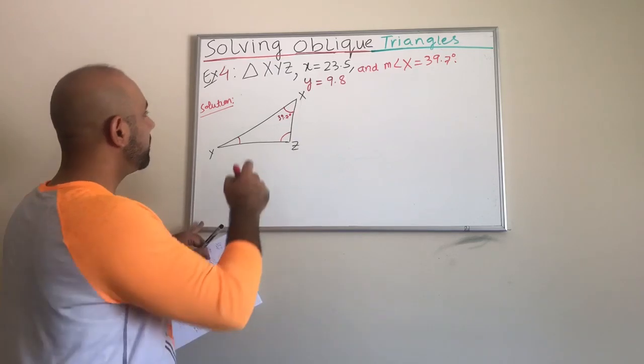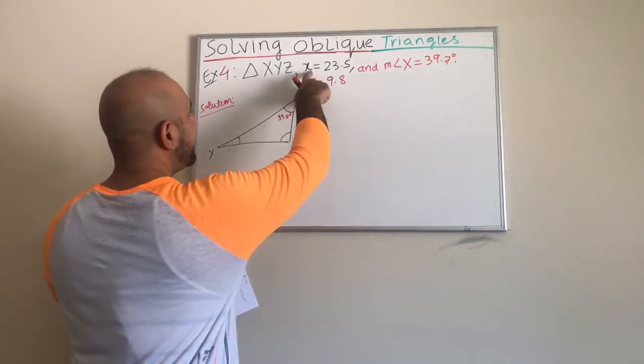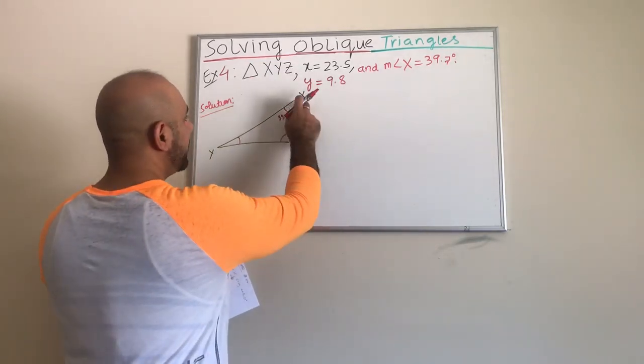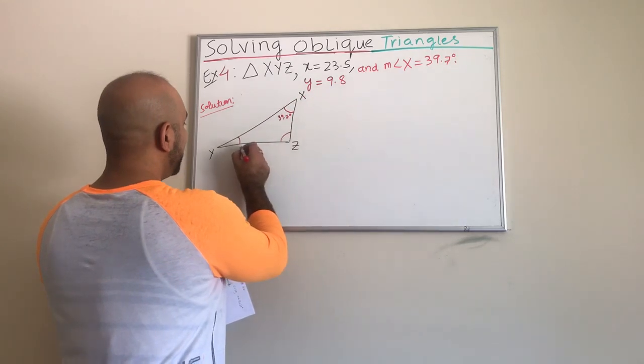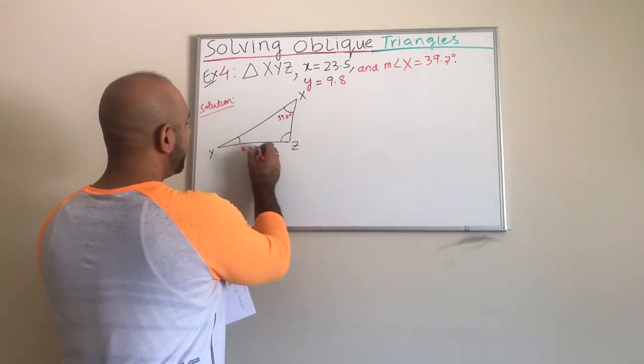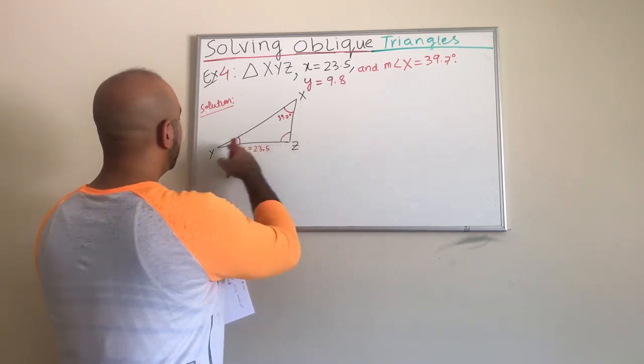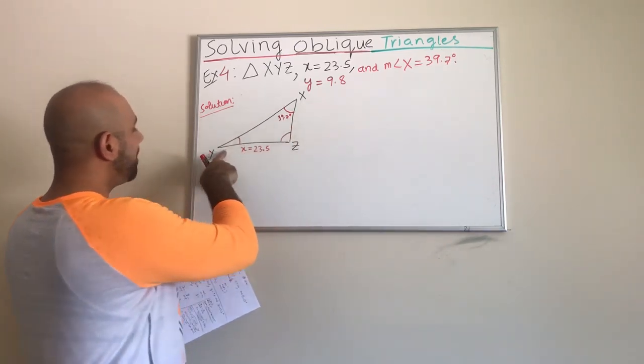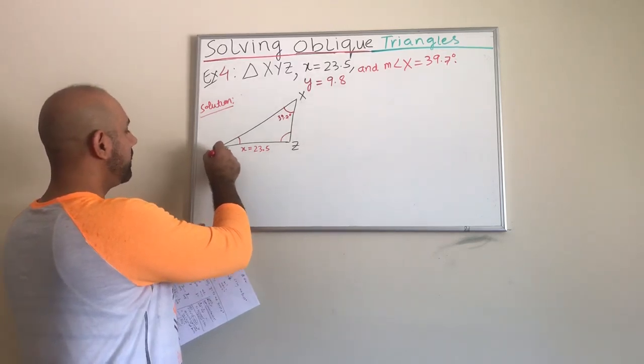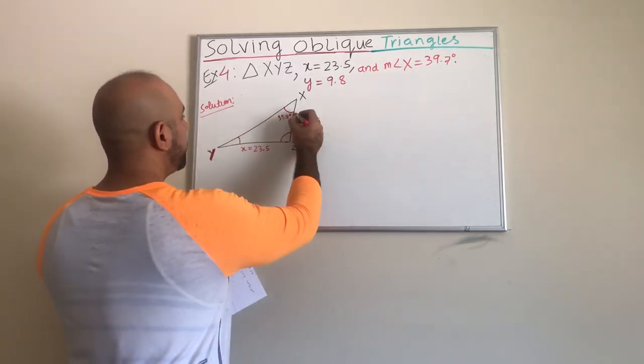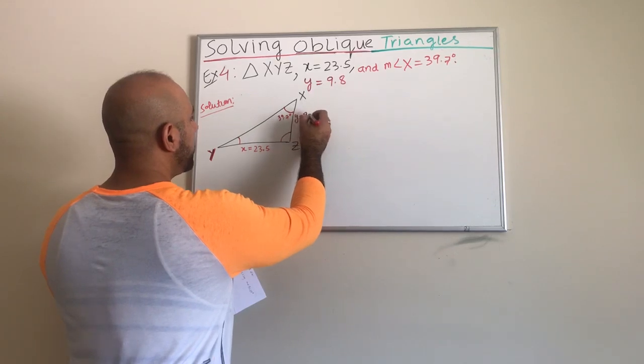And then what else is given? I have the side opposite to angle X, which means this side, so lowercase x is 23.5. And then I have the side opposite to this angle Y, and this lowercase y is 9.8.